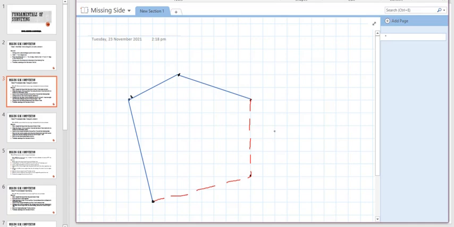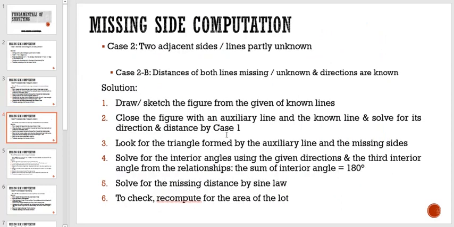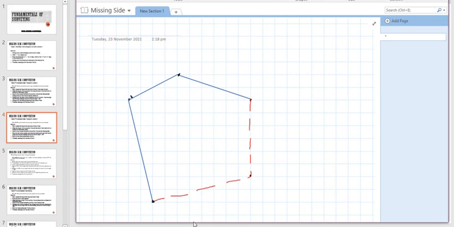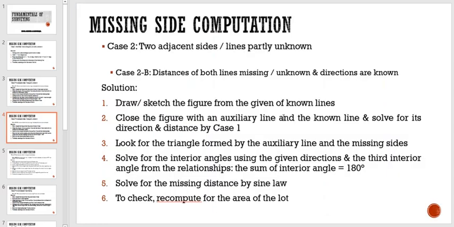And for case 2B, distances of both lines are missing or unknown and directions are known. So pwede anipod given ang bearing pero ang measurement sa mga distances ang wala.